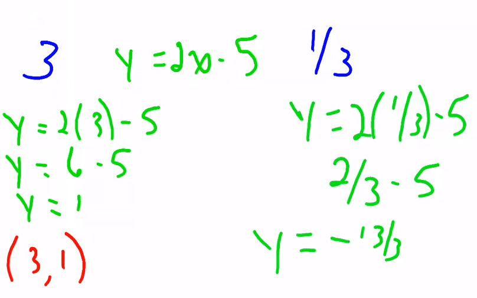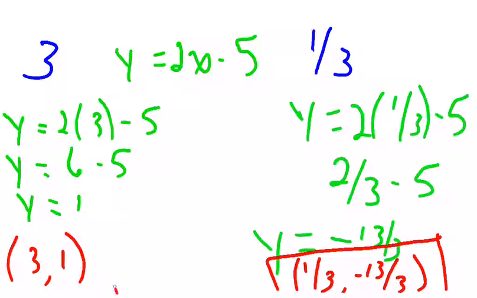So on this one, our answer is the point 1/3, negative 13/3. So 2 answers for this one. This means that if we had graphed this, we would see that they would cross in 2 places.